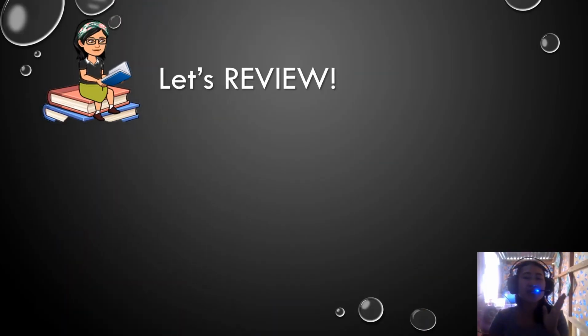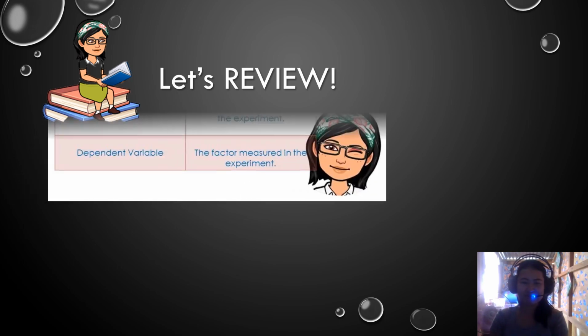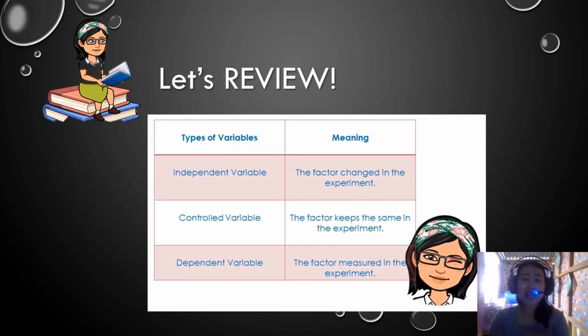Congratulations! You already know the types of variables. Let's have a quick review for you to remember the types of variables. Again, here are the types of variables. First is independent variable.